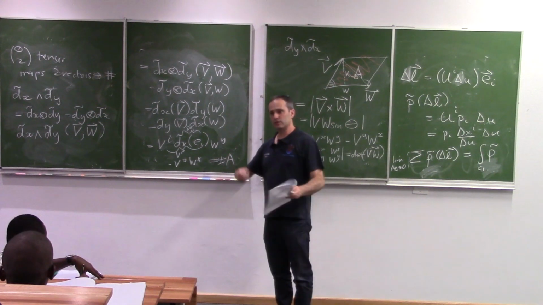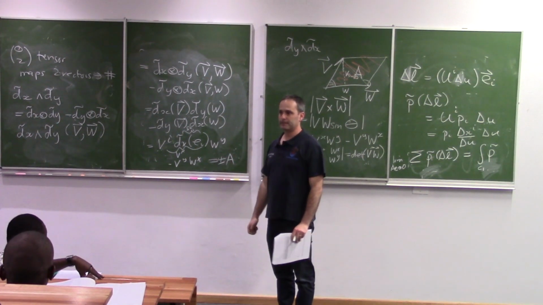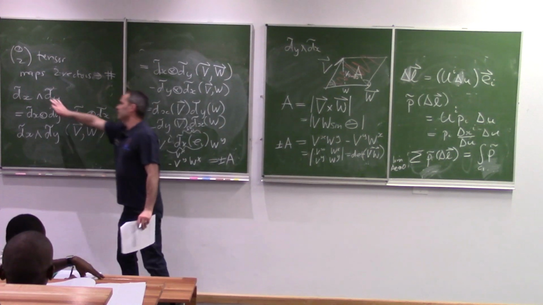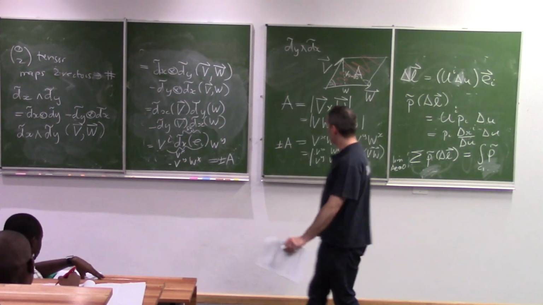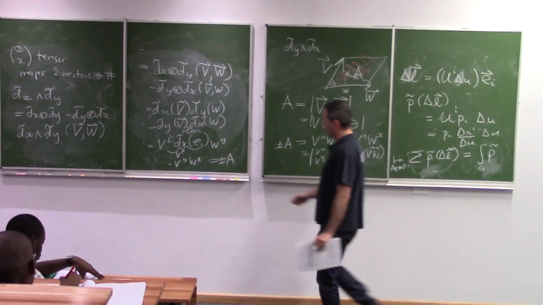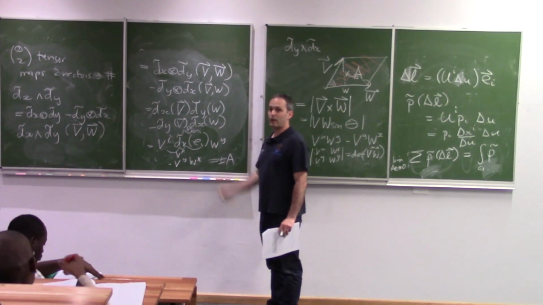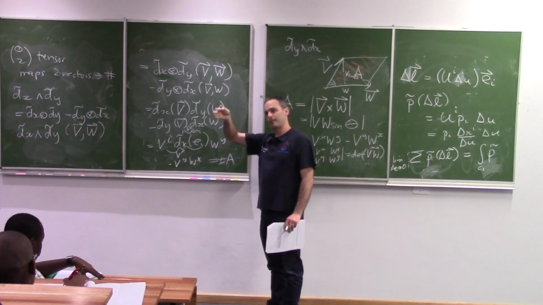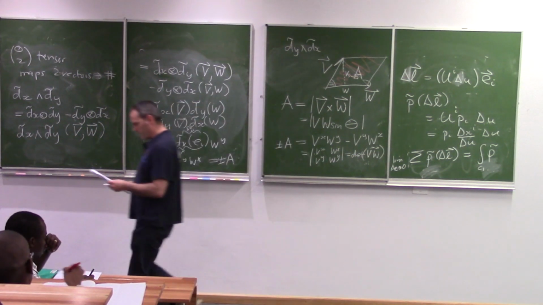Depending on which one I choose, that defines a particular orientation for the two-dimensional plane. So we're going to take this as our area 2 form, and now we think of areas as not just a positive number, but the plus or minus sign gives us some orientation to that surface. What is up, what is down.